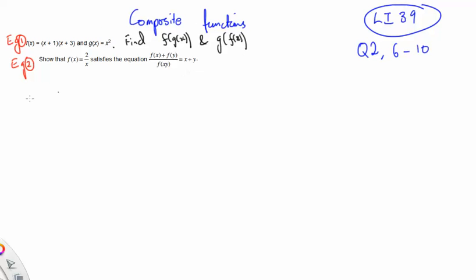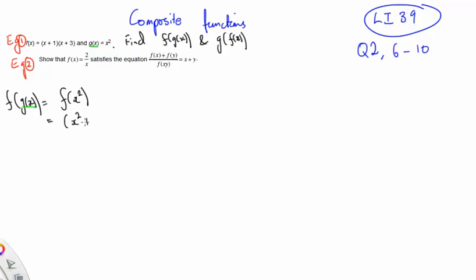So let's do f of g of x. The way we do this is we take the g of x and we replace it with x squared. So we're actually finding f of x squared here. We replace every instance of x in f of x with x squared.